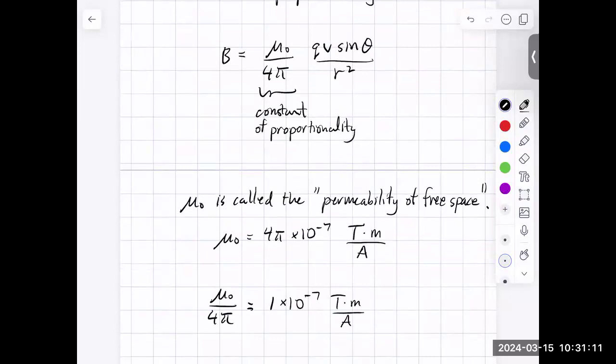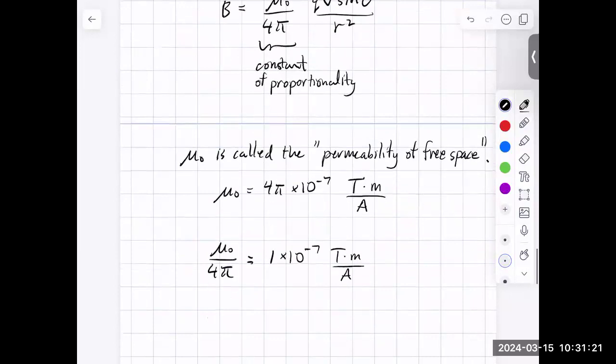Okay, so it turns out that if you were to do a unit analysis of this magnetic field, well, why don't we just do it? The units of magnetic field are going to be the units of mu naught times the units of QV over r squared.